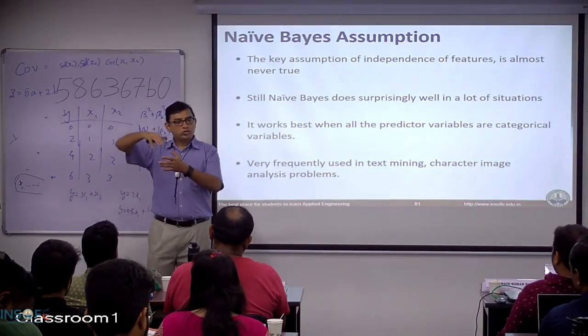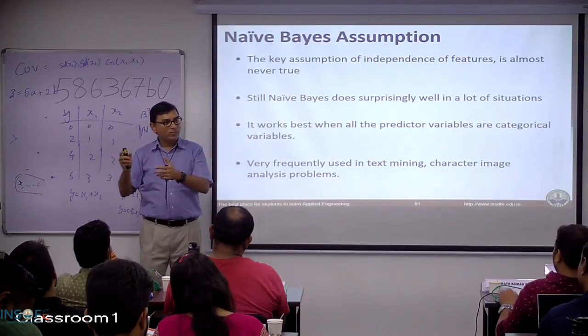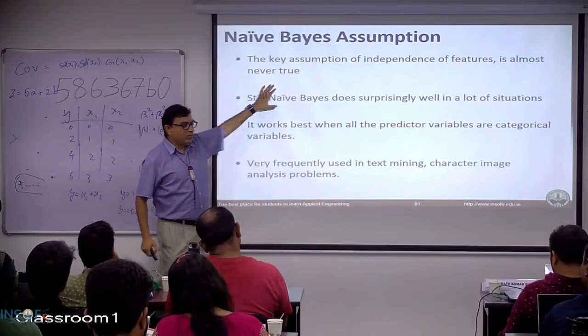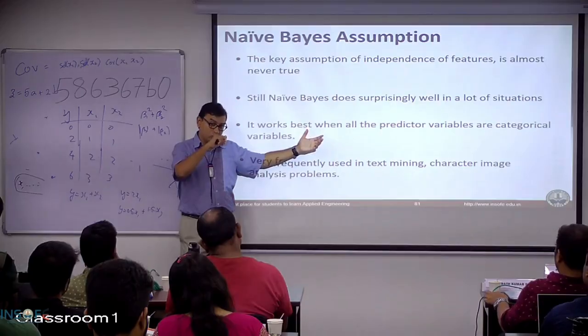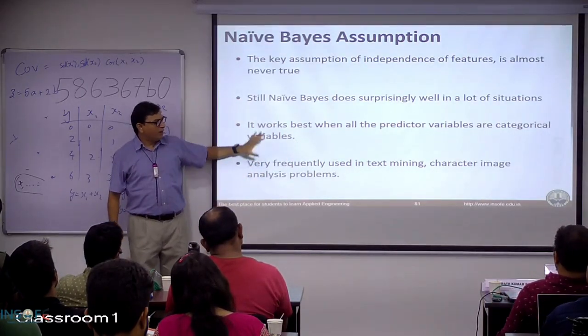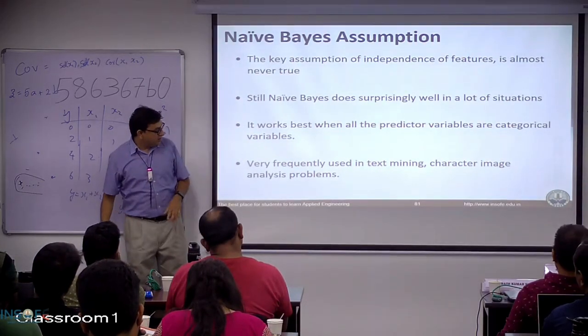Or it might assume a normal distribution, and based on that, it gives you probabilities for each value. Ultimately, you need to compute probabilities. But it works best when you have categorical predictors.